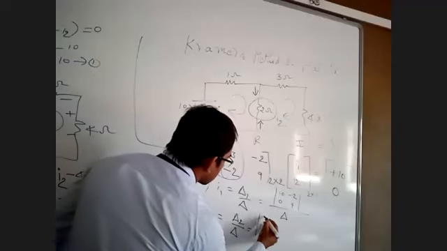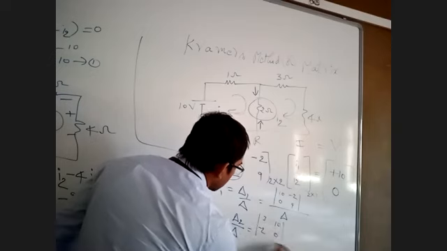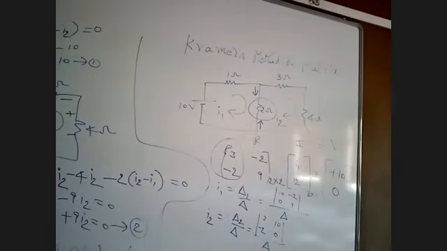Delta 2 means replace the second column with voltage values. See, in delta 1, we are replacing the first column with voltage values. On the right side, we have voltage 10 and 0 in the first column. But in delta 2, the second column of the resistance matrix is replaced with 10 and 0.